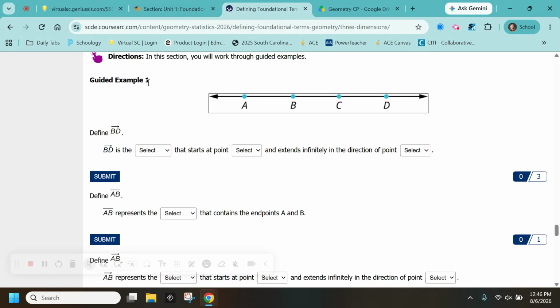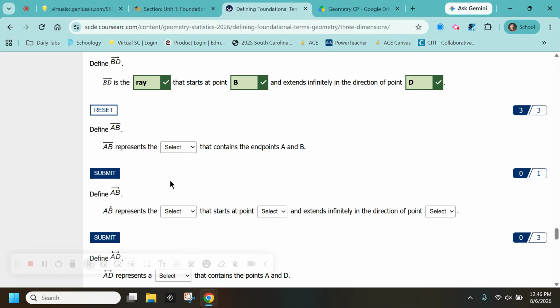All right, guided example 1. Define BD. That has 1 arrow, so that is a ray that starts at point B and extends through point D. Define AB. That is a segment.